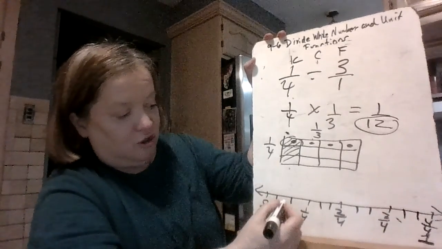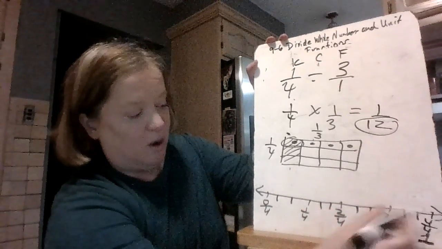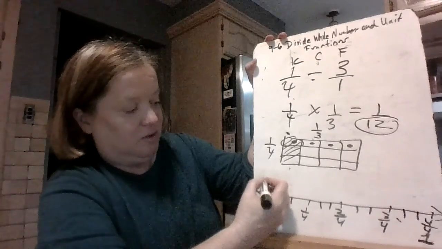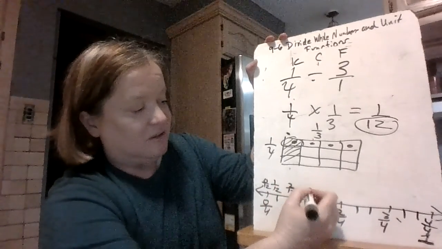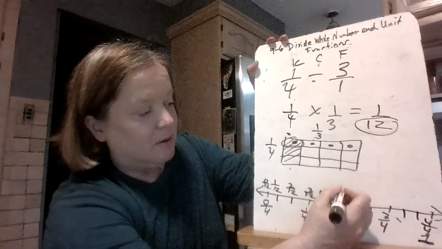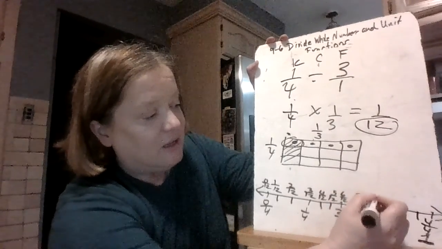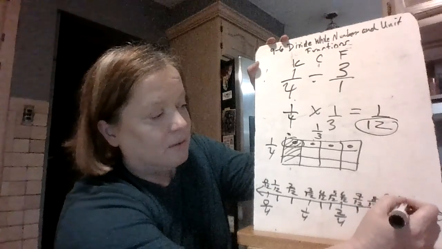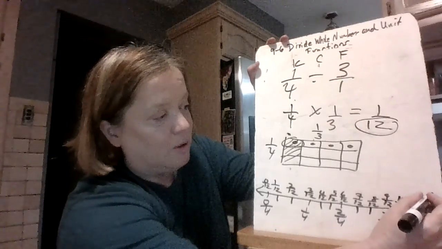Let's check it. 1, 2, 3, 4, 5, 6, 7, 8, 9, 10, 11, 12. And I'll mark them. Here's 1 12th. This was 0 12ths, 2 12ths, 3 12ths, 4 12ths, 5 12ths, 6 12ths, 7 12ths, 8 12ths, 9 12ths, 10 12ths, 11 12ths, and 12 12ths, which is the same as 1 whole.